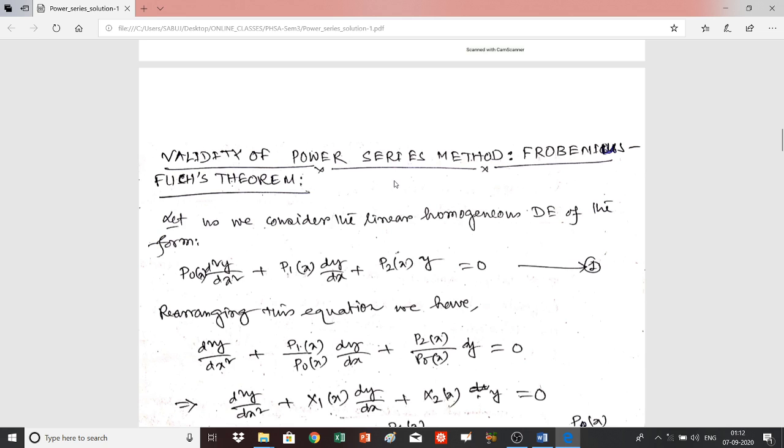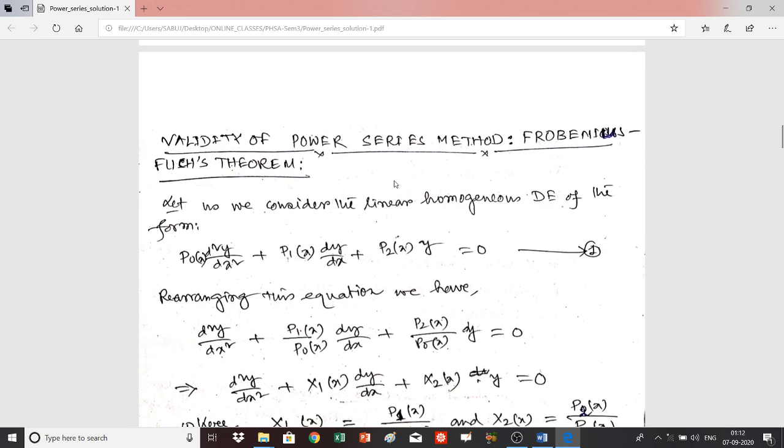So first we recapitulate the general form of the linear homogeneous equation, which was discussed earlier in this lecture, which has the form p0(x) d2y by dx square plus p1(x) dy by dx plus p2(x) into y is equal to 0.